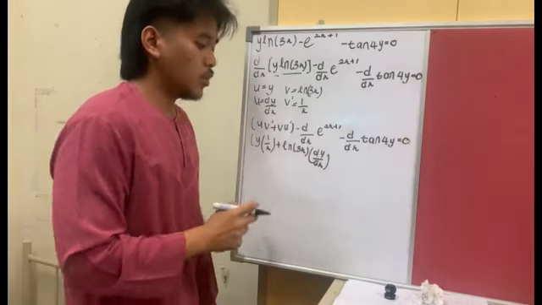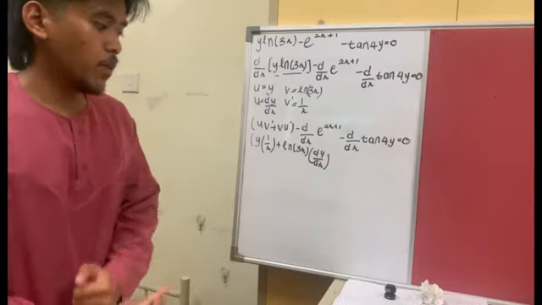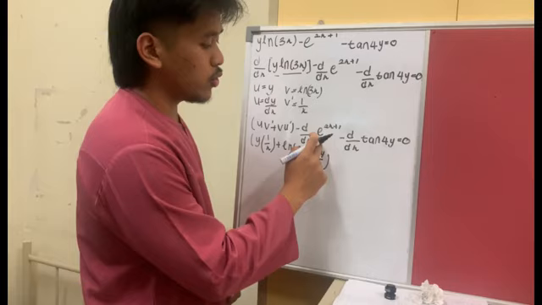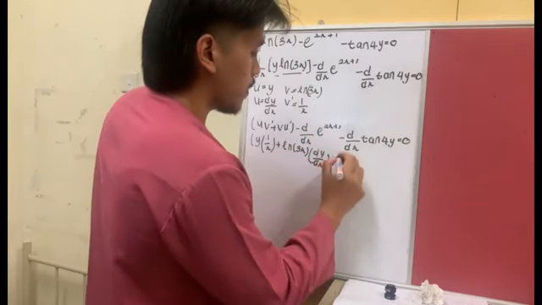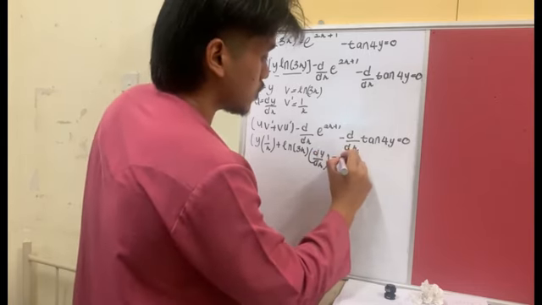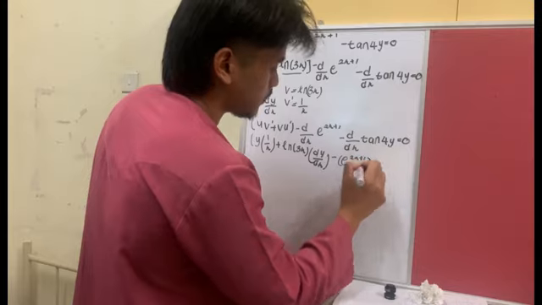Then we're going to differentiate e to the power of 2x plus 1. First of all, we're just going to copy the whole exponential, which is e to the power of 2x plus 1.